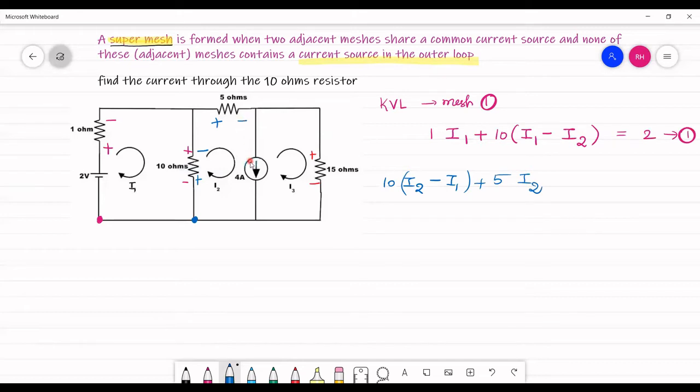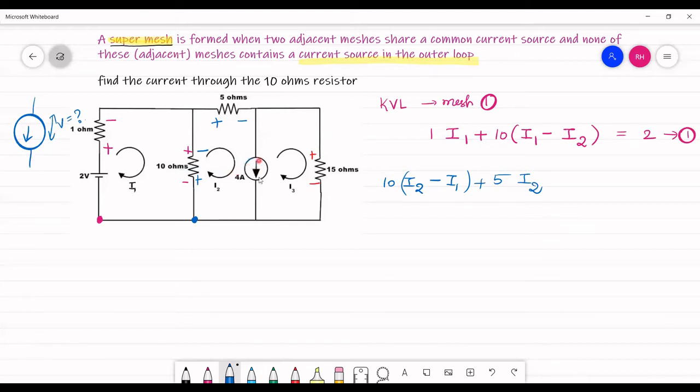And then when I come here, I have a current source, and until I solve the problem completely, I do not know the voltage across a current source. So even now, the voltage is unknown.